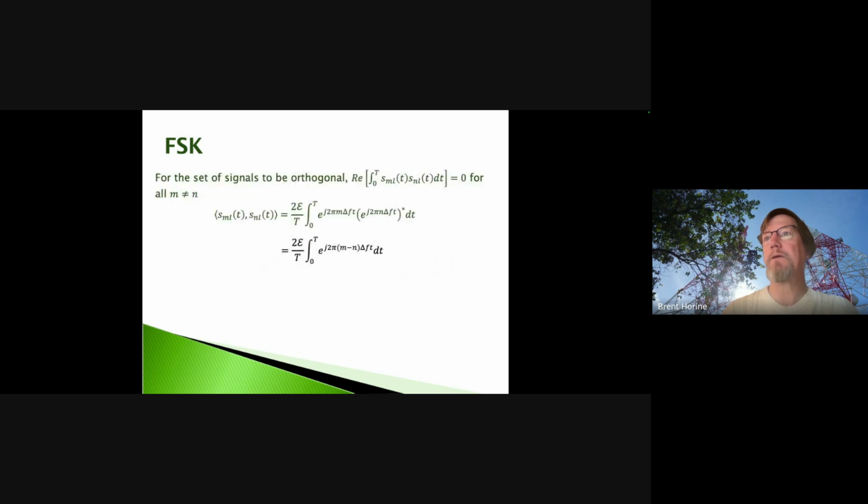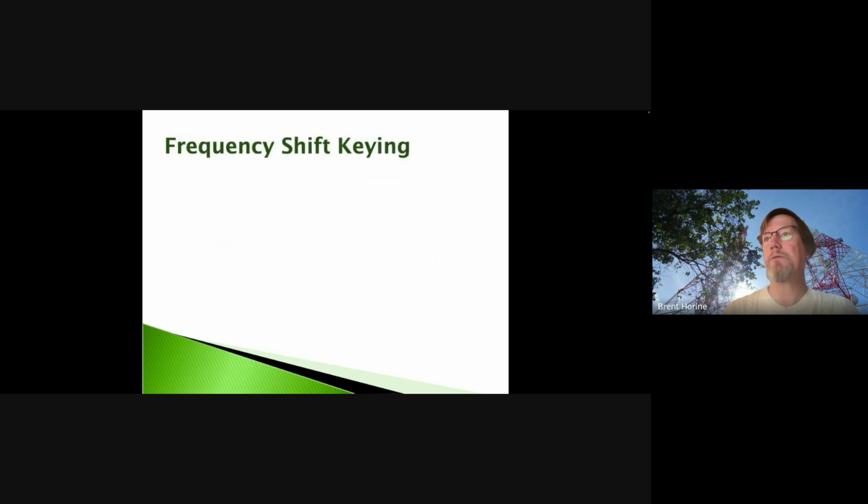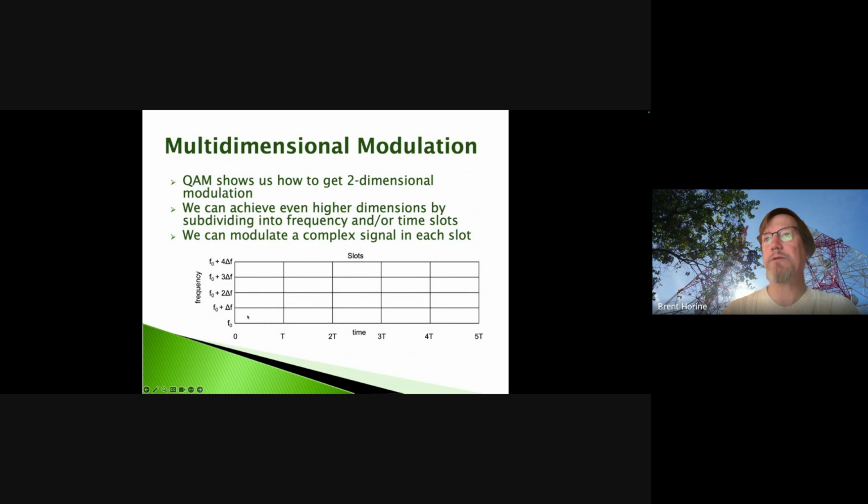So actually, let me go back to this kind of idea here. What we're saying is that using FSK in this kind of format, at one time we might be in this frequency slot, and at another time we might be in this frequency slot and this slot and this slot, right?